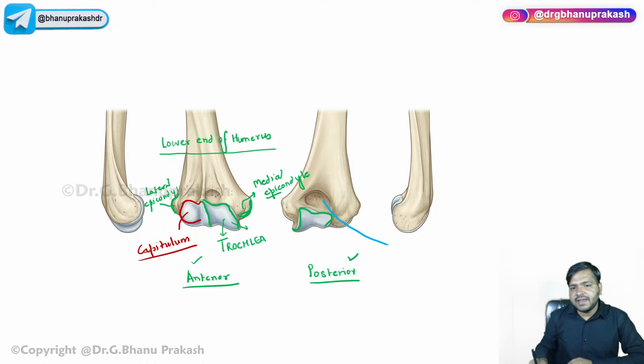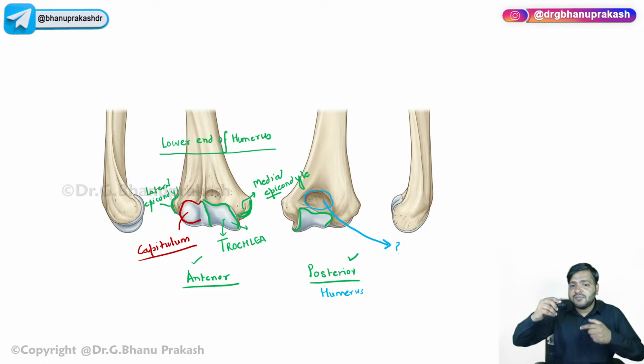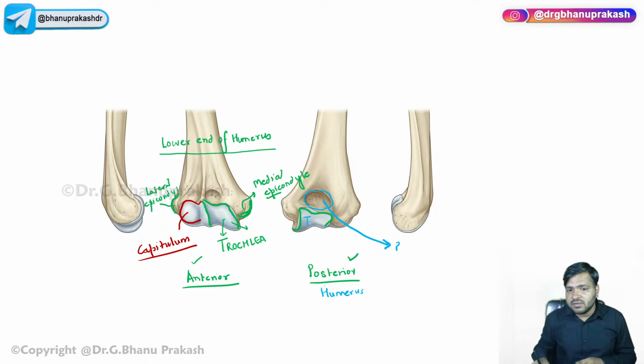Can anyone identify this fossa? You can see a large depression on the posterior view of the humerus, on the back of the humerus above the trochlea. Very good, we have the olecranon fossa.